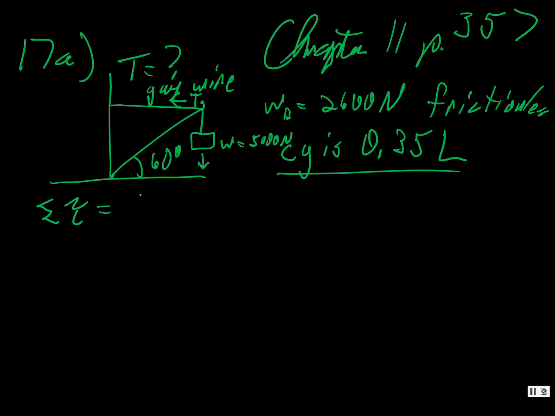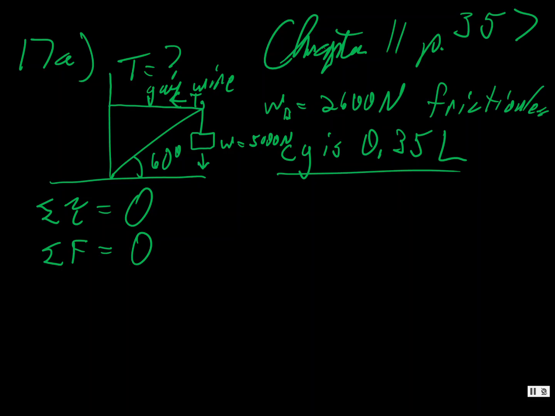Therefore, the sum of all external torques is equal to 0. And nothing is accelerating, so the sum of all external forces is equal to 0, okay? That helps us out a tremendous amount, okay?